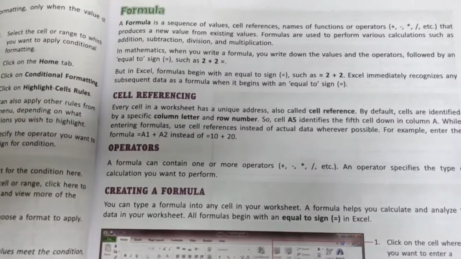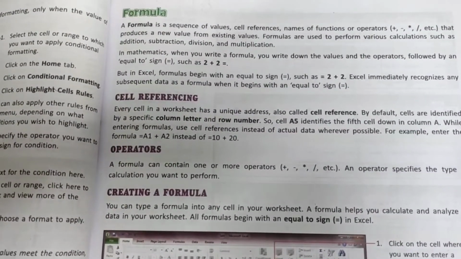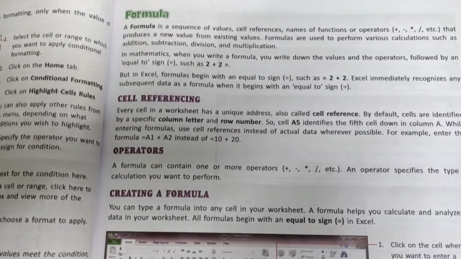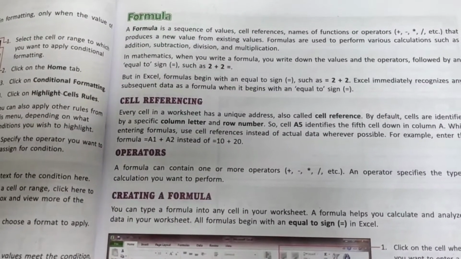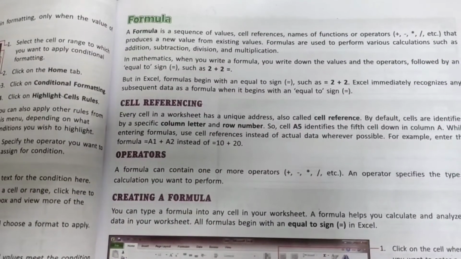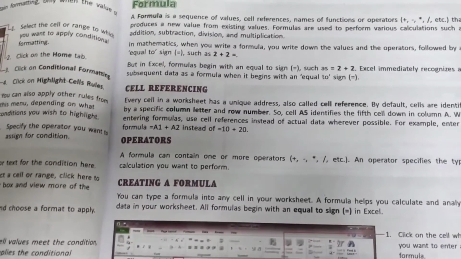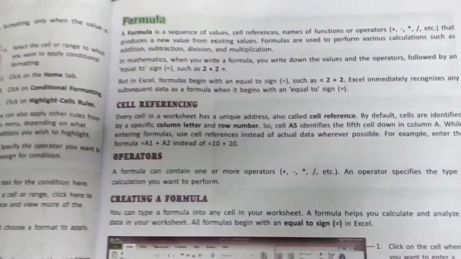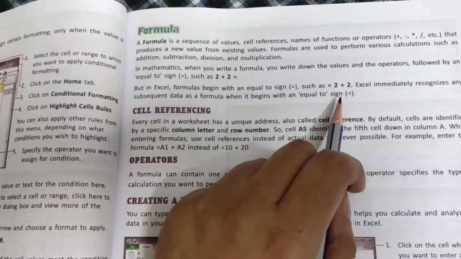In mathematics, when you write formula, you write down the values and operators followed by equal to sign, such as 2 plus 2 equal to. But in Excel, formula begins with an equal to sign, such as, now see here, equal to 2 plus 2.